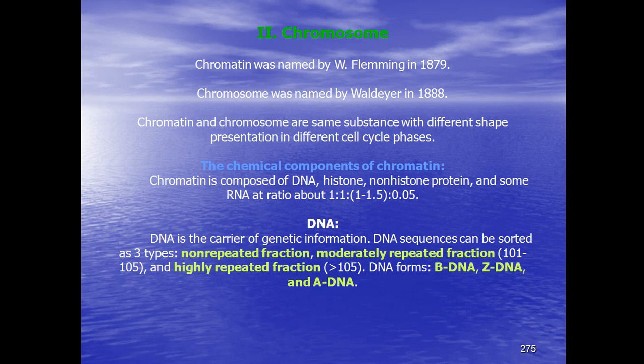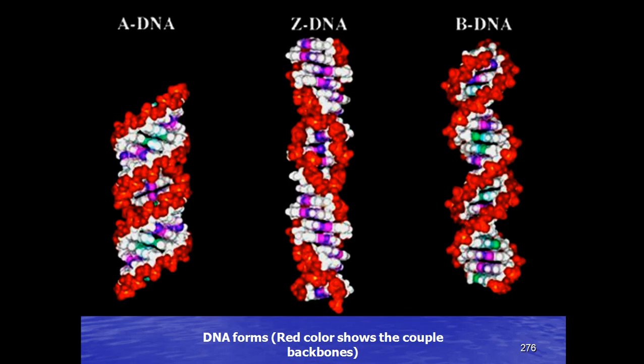Of course, we will discuss DNA in detail later; it is available in three forms: A form, B form, and Z form, known as A-DNA, B-DNA, and Z-DNA. DNA is the major component of chromatin.